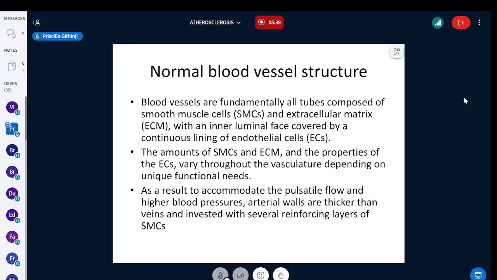You'll find there are vessels that are thicker and muscular as opposed to others. As a result, to accommodate the pulsatile flow and higher pressures, arterial walls are usually thicker than those of veins, and they have several reinforcing layers of smooth muscle cells.